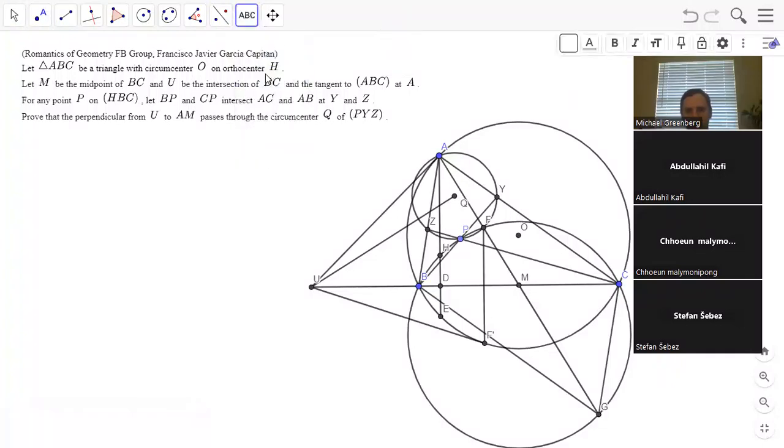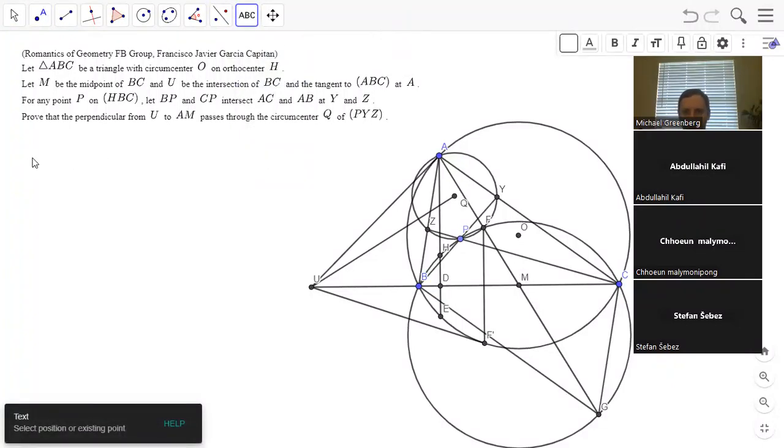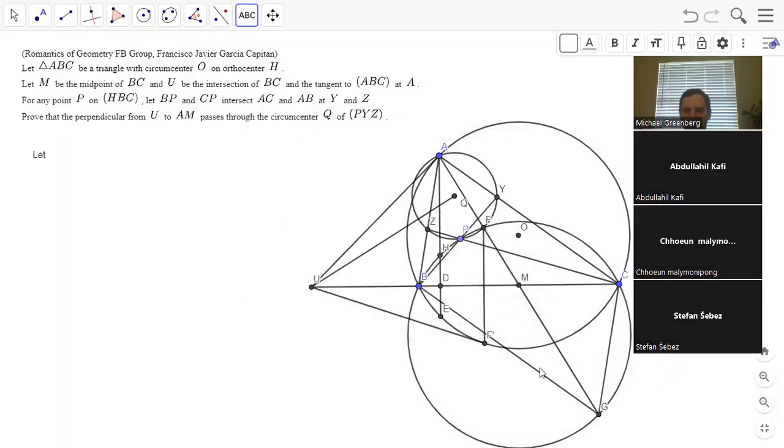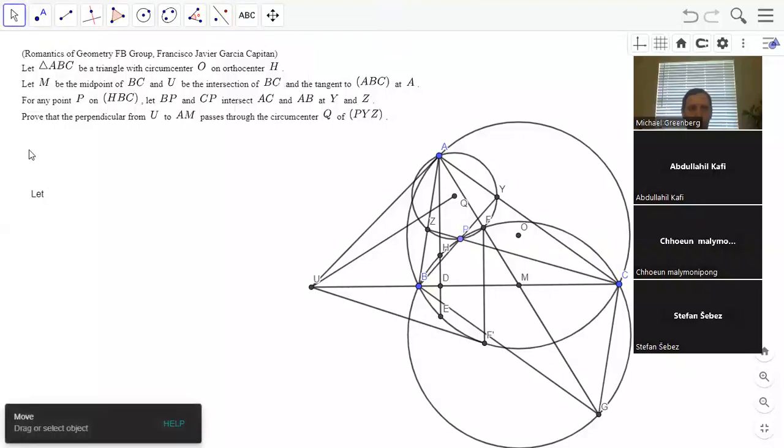So let G be the reflection of A over M. Yeah, so we didn't define this, or let AM intersect BHPC. Actually, first I'll show APYZ is cyclic, but I'll define G first.